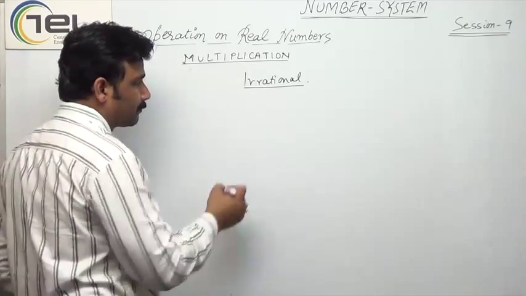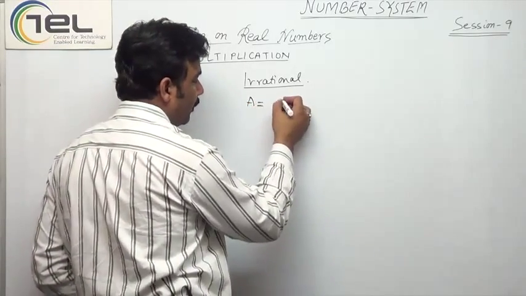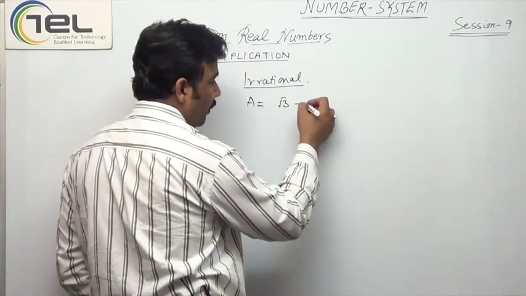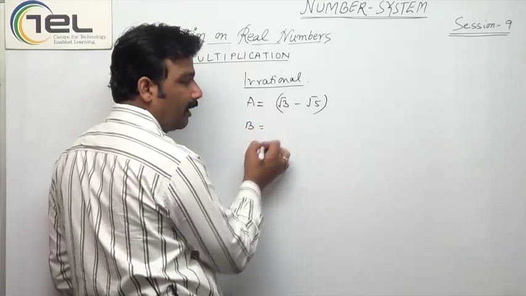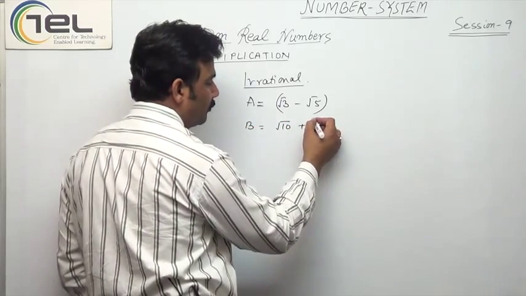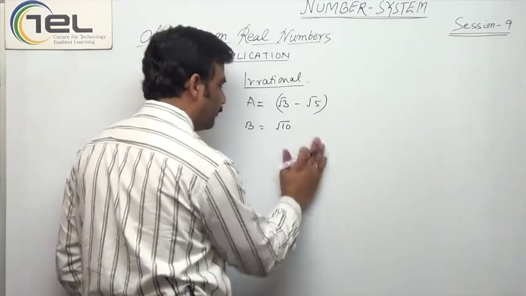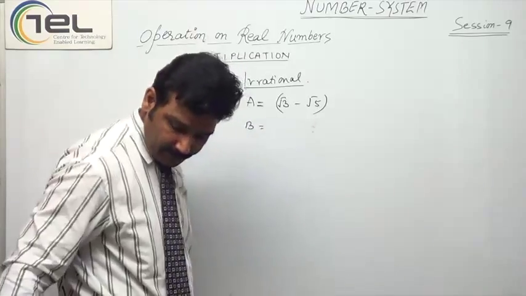So first of all, let's say I have taken a as root 3 minus root 5, and b I take as root 15.